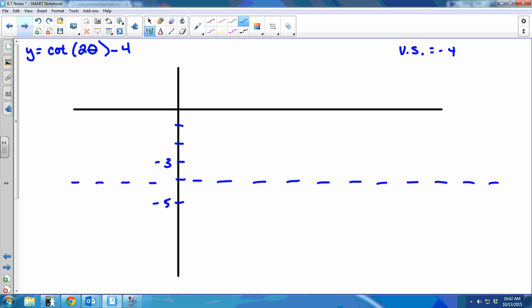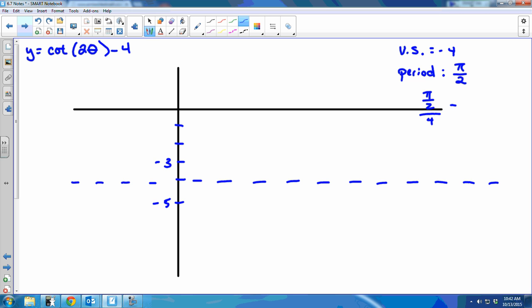Okay, so we know there's a vertical shift. We already talked about how there's not going to be any amplitude changes for now because our book's not going to do that to you. And so then what about the period of this function? Pi over 2, right? Pi over k, so pi over 2. So if we divide that by 4, that's like multiplying by the reciprocal of 1/4.